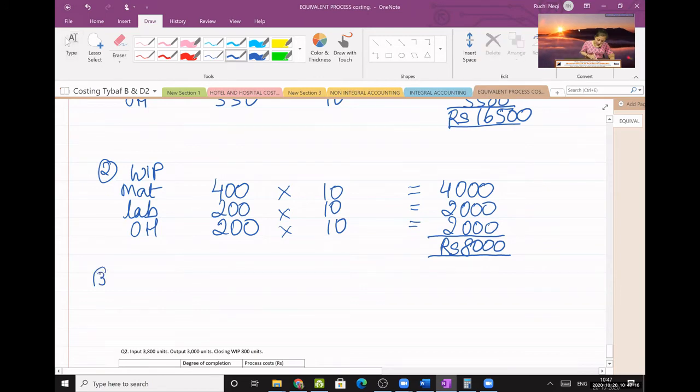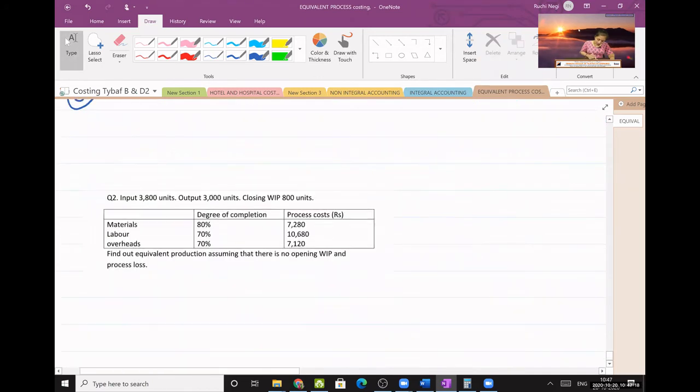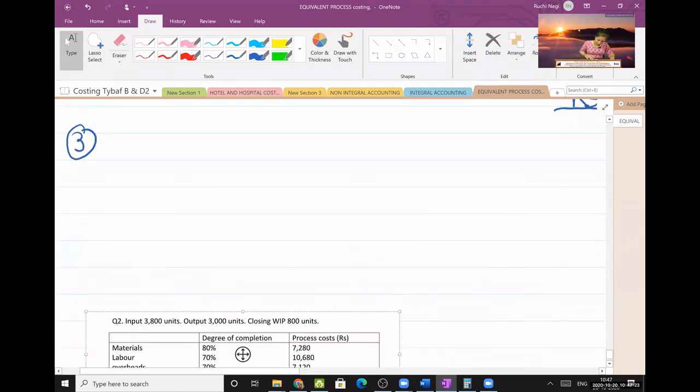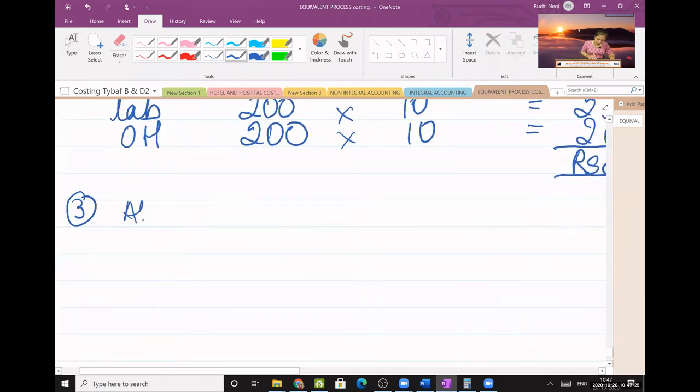Next is abnormal gain. Same: material, labor, overheads. How much was it? 50, 50, 50, no?